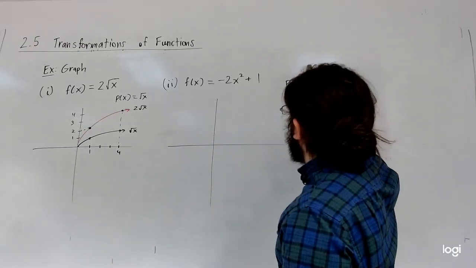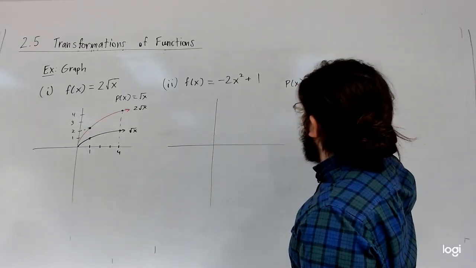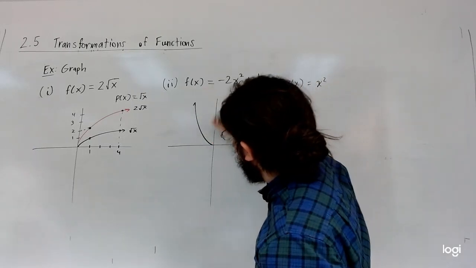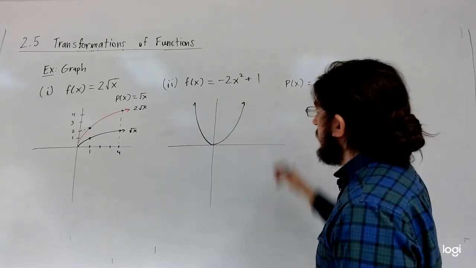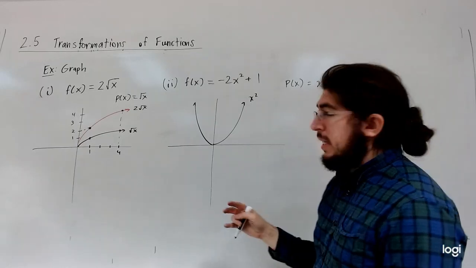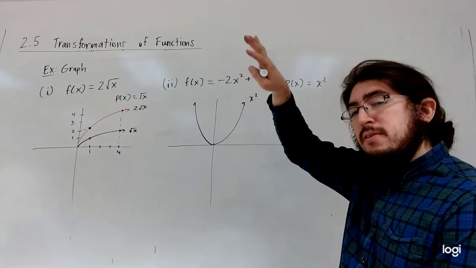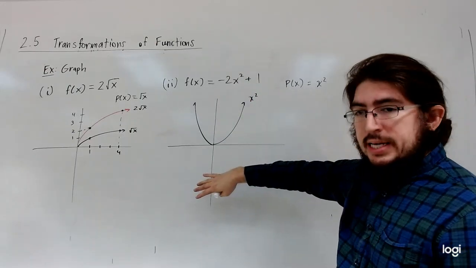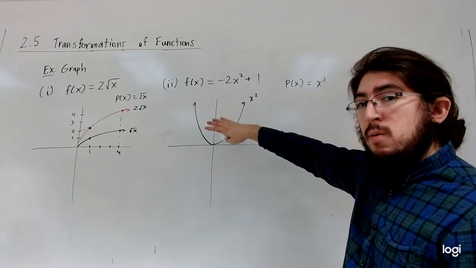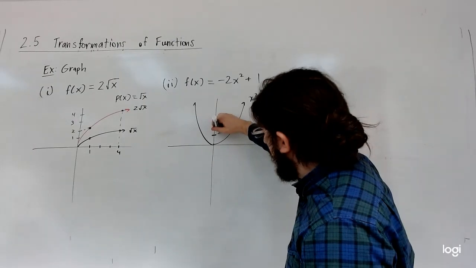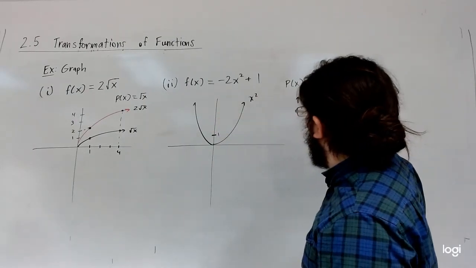So here, p of x is x squared. So just to remind us, let me graph that here. That's x squared. And we're doing 2 things. Well, I guess 3 things. We're stretching it vertically by a factor of 2. We're flipping it across the x-axis. We're also shifting it up by 1 unit. So shift up by 1 unit, up by 1.